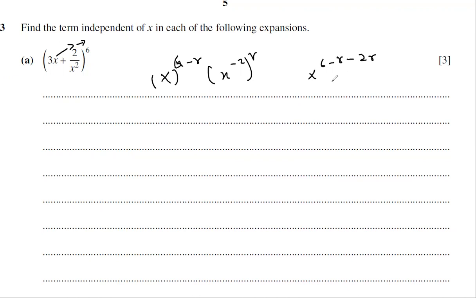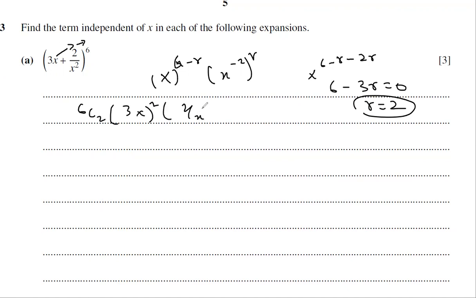And this coefficient is equivalent to 0. So you would say that 6 minus 3r is equivalent to 0, and r is coming 2. And then we could have used the same method. 6c2 3x square, 2 upon x square. Sorry, this is square, this is power 4. And same also. Clear?